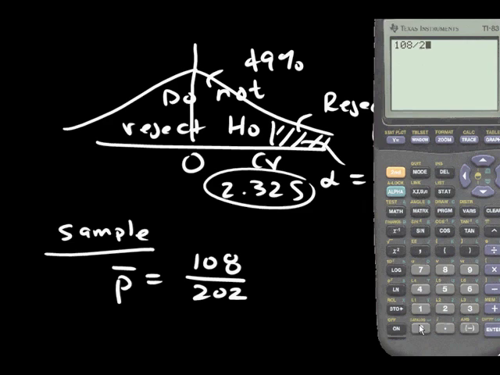If we approximate this sample proportion to the nearest hundredths, we see this is about 53%.